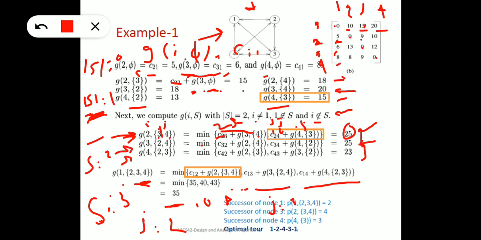So now we select a path from 4 to 1. So this is how we traverse from vertex. We obtain an optimal tour from vertex 1 to 2, 2 to 4, and 4 to 3, from 3 back to 1.